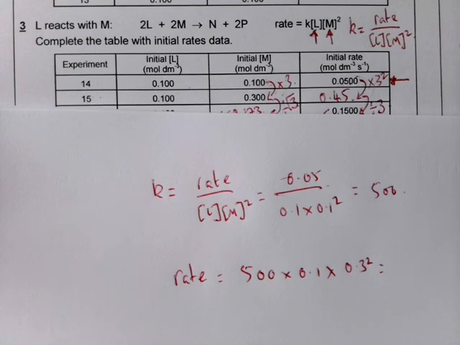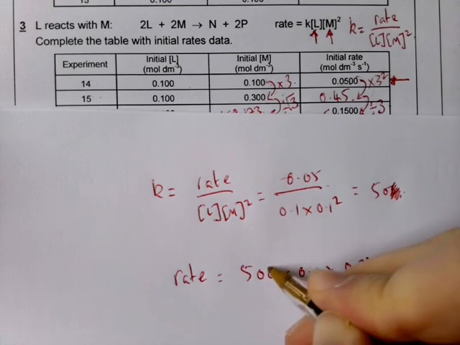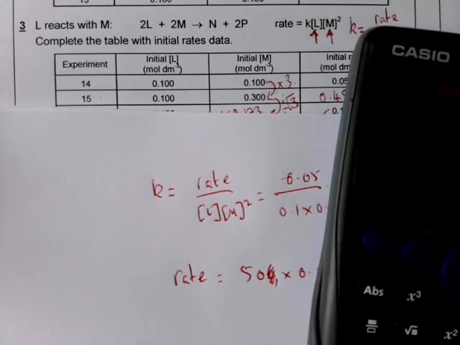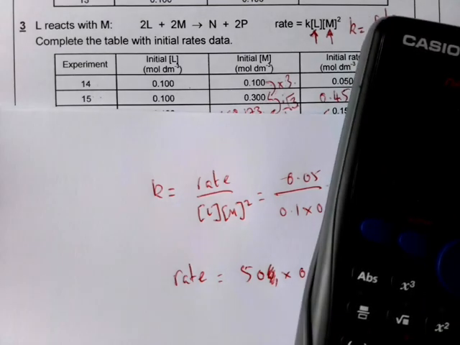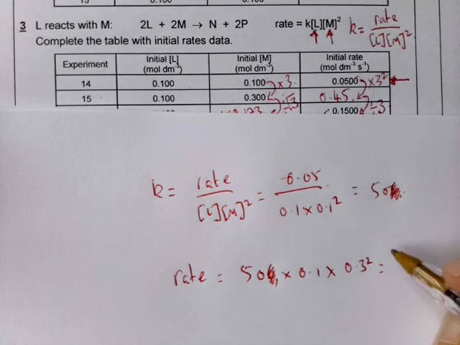Oh, sorry, I've made a mistake here. That should be 0.05. 0.05 divided by 0.1 cubed is 50. So that's 50. So if I do 50 times 0.1 times 0.3 squared, that gives me 0.45. All right.